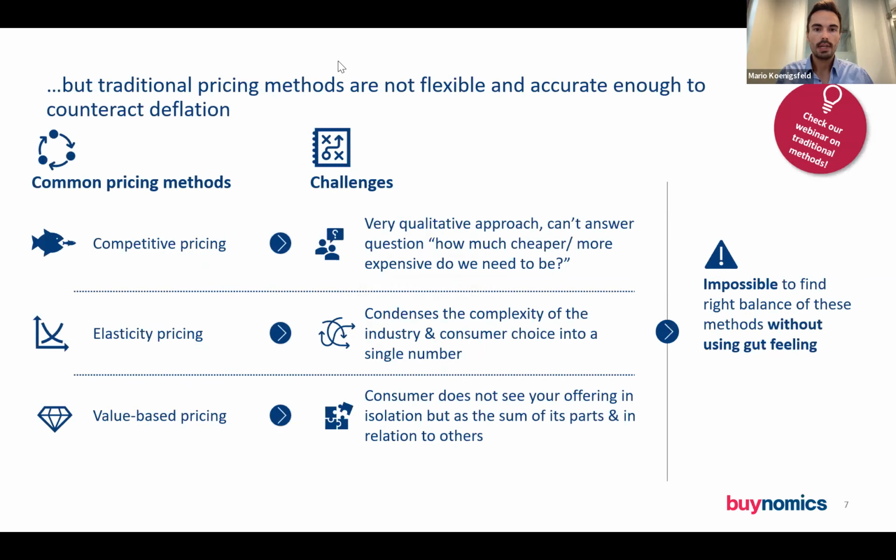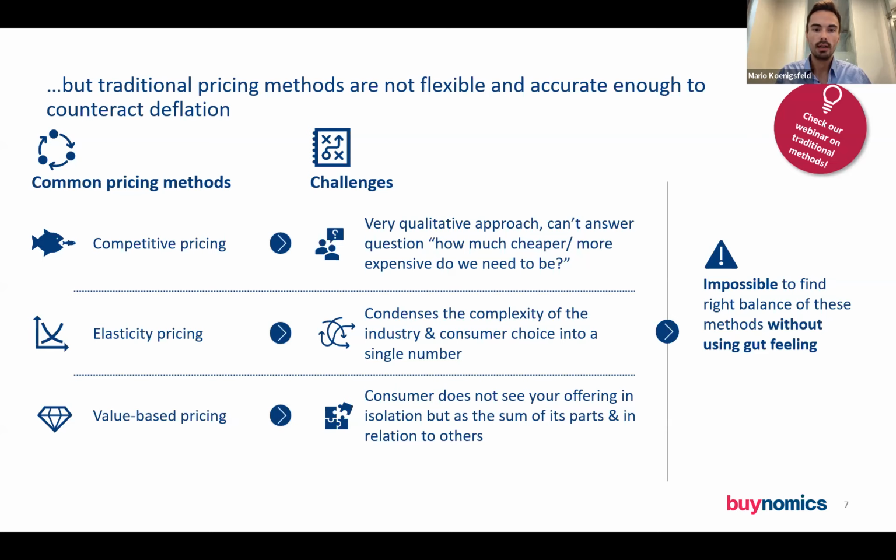How can we solve that? There are some, I would say, traditional methods of pricing that all try to tackle those different challenges. However, there is one downside to each of them. Going through the challenges, so looking at competitive pricing, for example, elasticity pricing or also value-based pricing, you quickly identify that competitive pricing can only answer the question of what your competitors do, but cannot answer the question of to what degree you should be cheaper or more expensive.